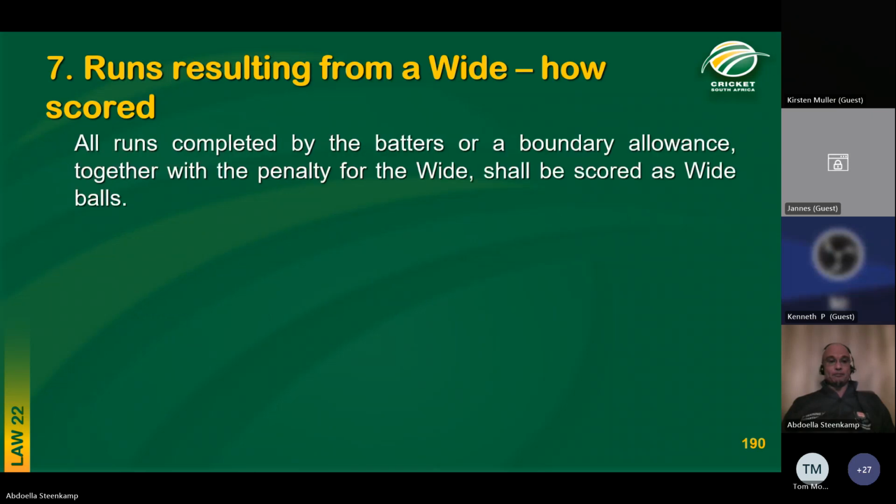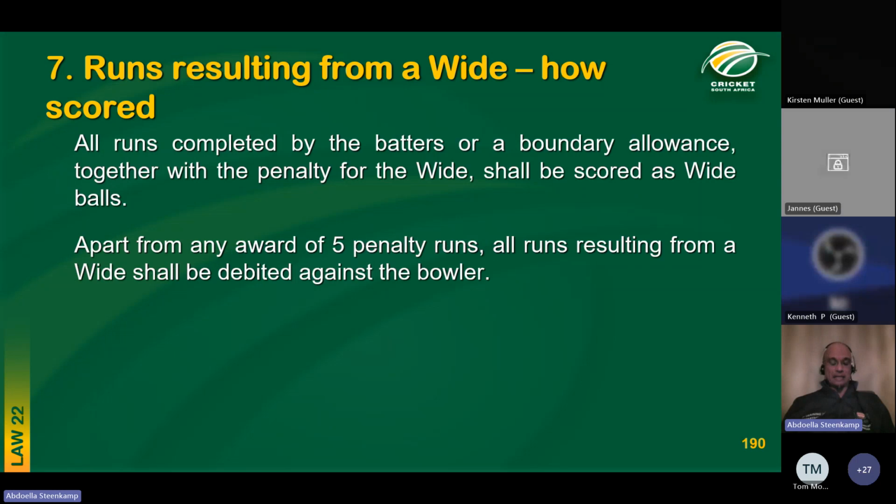So the law also guides us by saying all the runs completed by the batters, or if there's a boundary allowance, together with the penalty for the wide, shall be scored as wide balls, and this shall be debited against the bowler. Just an example of this, the bowler bowls the ball so wide it eludes the keeper. It goes past the striker's wicket, it eludes the keeper, you call and signal wide, the ball then goes over the third man boundary.